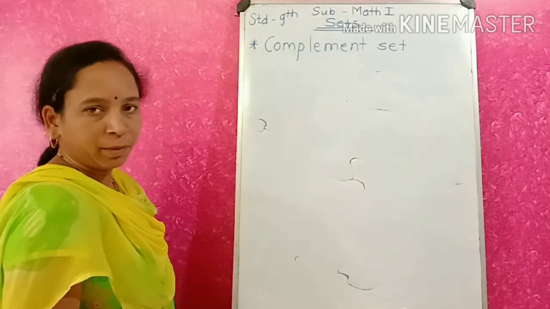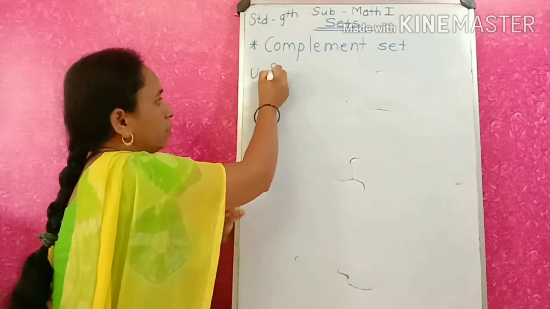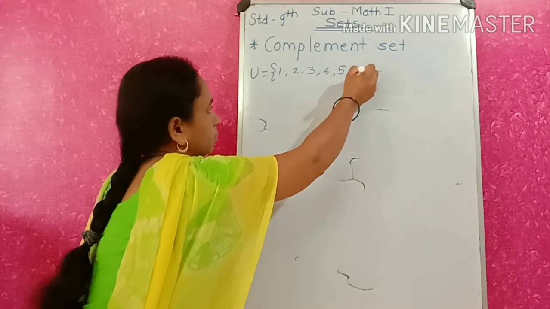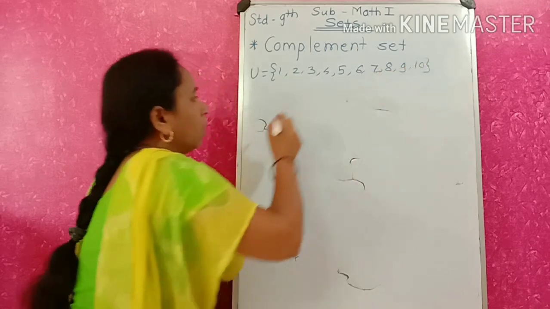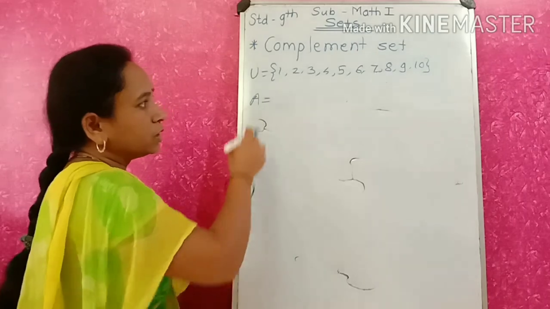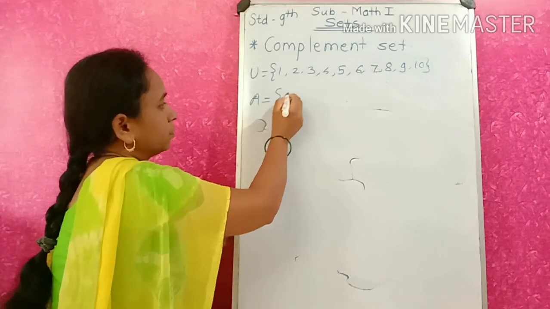To explain the complement of a set, I will consider the universal set of numbers 1 to 10. Now here I'll write the set A, which is the even numbers from this, and it is a subset of the universal set.